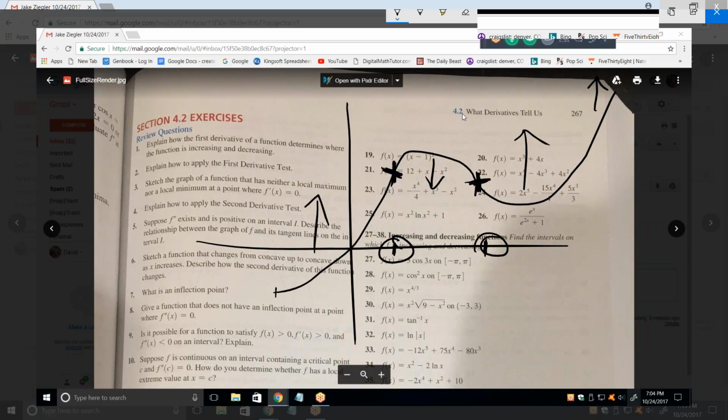In other words, if this function went all the way to infinity, that would be concave up from negative infinity to whatever that point is right there. Then it would be concave down from A to B, and then it would be concave up from B to infinity. And there would be exactly 2 inflection points, one there and one there. The inflection point's always where it turns around. It goes from concave up to concave down. And you can always get it by setting the second derivative equal to 0. Okay. All right.